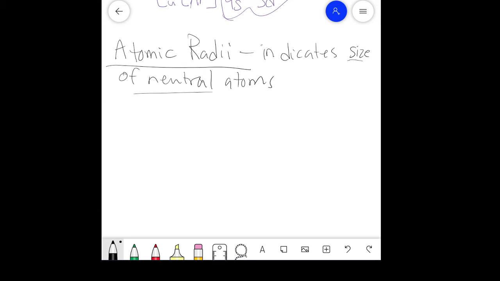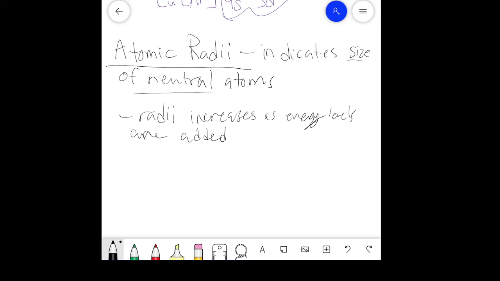So the radius, radii for plural, increases as energy levels are added.